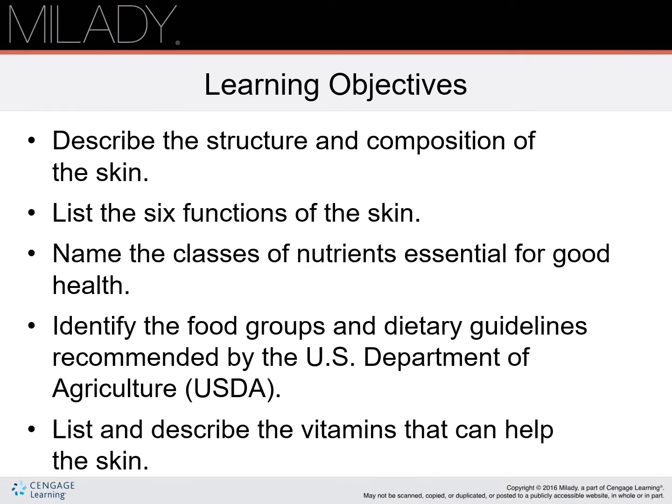You're going to be able to list the 6 functions of the skin, name the classes of nutrients essential for good health, identify the food groups and dietary guidelines recommended by the USDA, and also list and describe vitamins that can help the skin. So your question is probably, why do I need to know this?